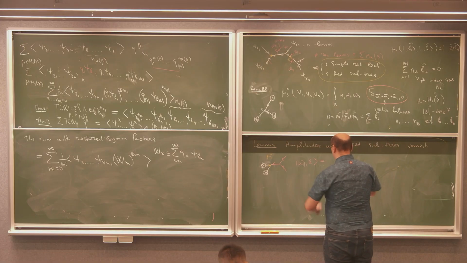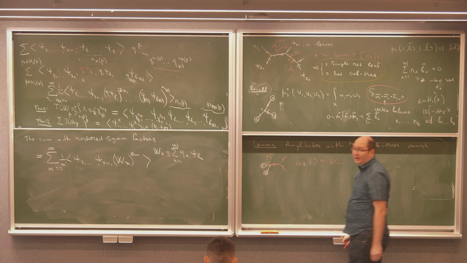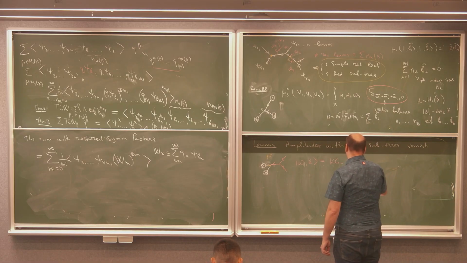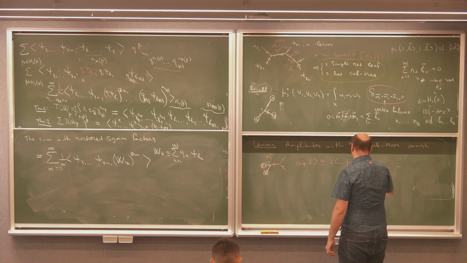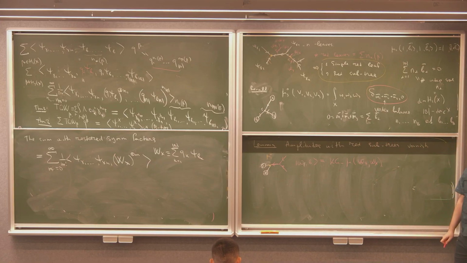This state is constructed in the following way. It is K g minus, because we have this red internal edge, applied to the multiplication of two universal leaves, like wx and wx.